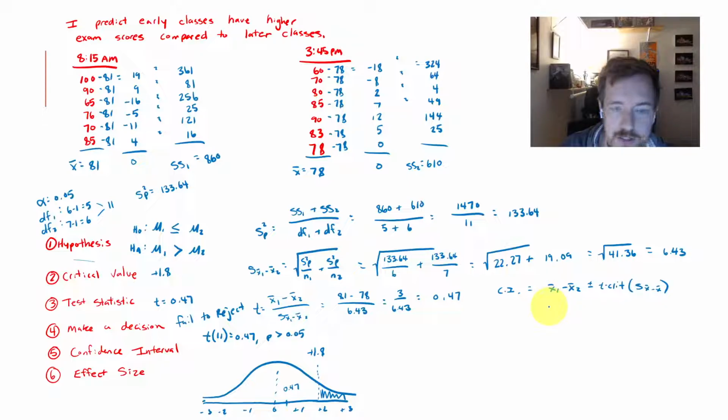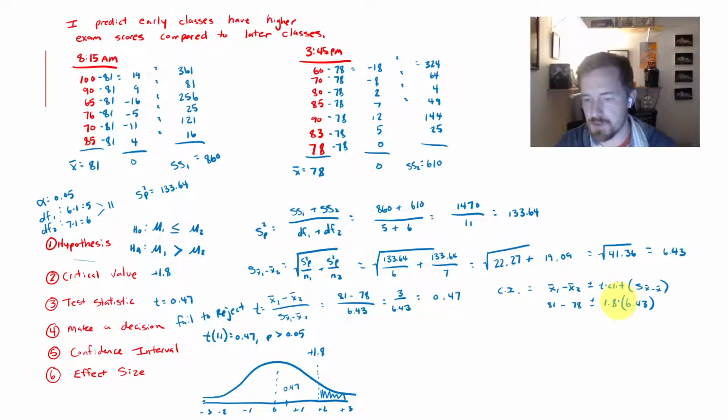So we know that x bar 1 is going to be 81 subtracted by 78 plus and minus t critical, which is 1.8, and then we're going to multiply that by the pooled error, which is, where did I put it? Yeah, this 6.3. All right, so that's going to give me 3 plus and minus 1.8 times 6.43, which I'm getting as 11.57.